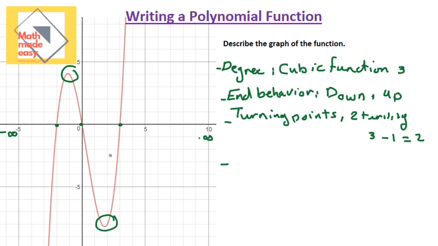So we can say that the graph increases. From where? This is going down endlessly, so it increases from negative infinity until this point.